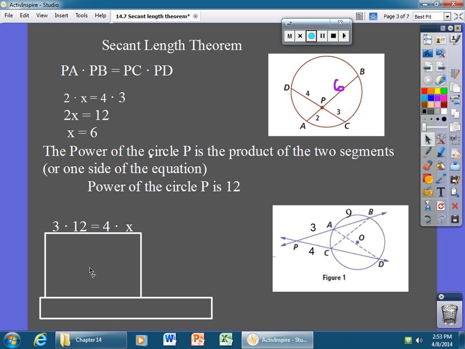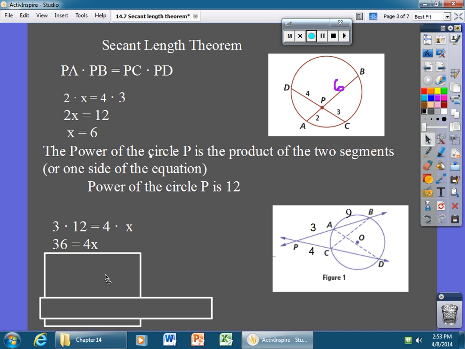So if we're looking at this circle, PA is 3, and for PB I have to add them together. 3 plus 9 is 12. That's where the 12 came from. On this side, PC is 4, and PD is the one that I don't know, so I'm trying to first find out what PD is.